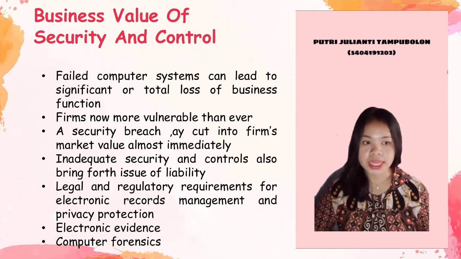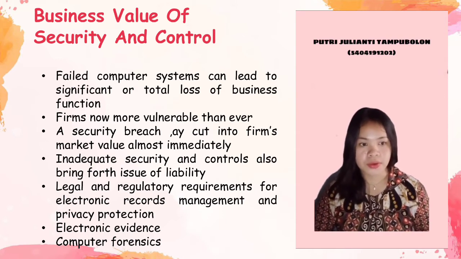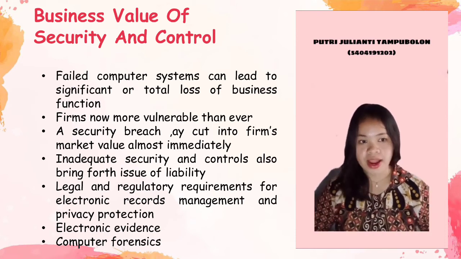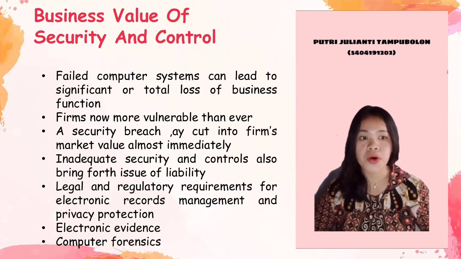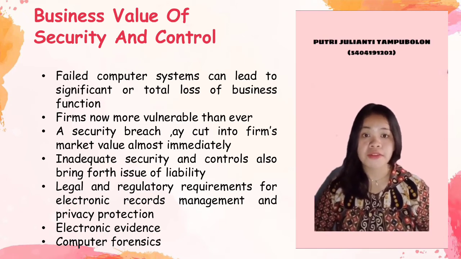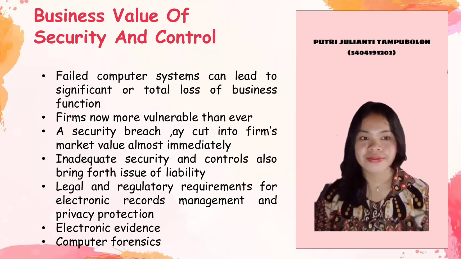The third, a security breach may cut into a firm's market value almost immediately. The fourth, inadequate security and control also bring forth issues of liability. The fifth, legal and regulatory requirements for electronic record management and privacy protection. The sixth, electronic evidence, and the last, computer forensics.